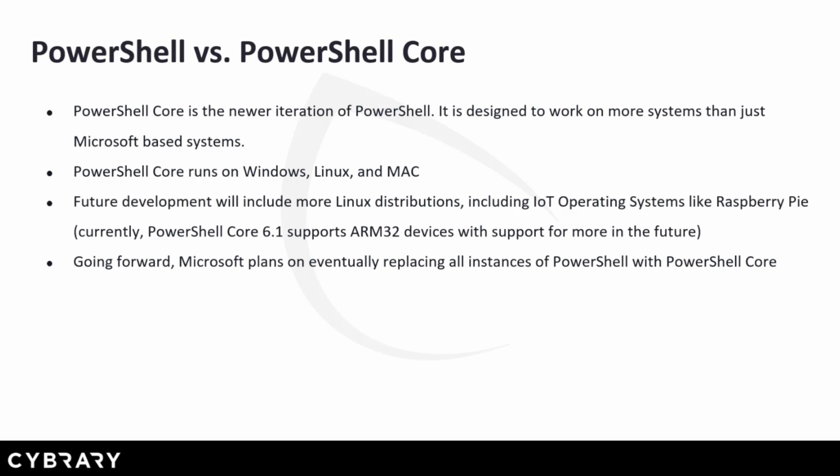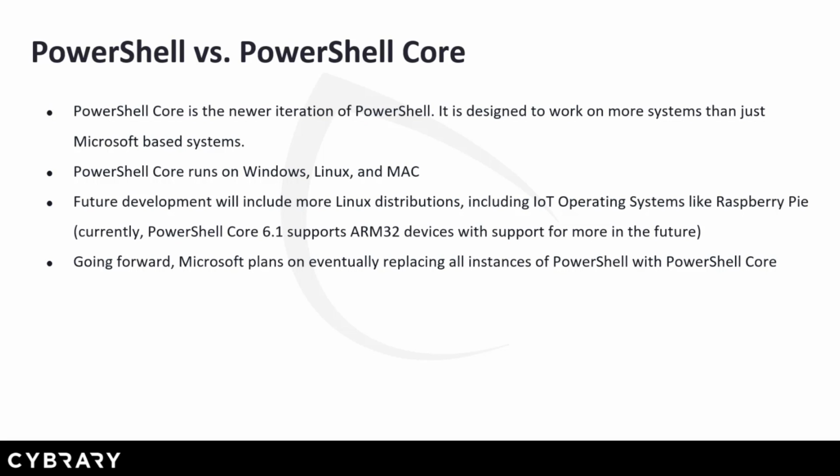Now, you might have heard me earlier talk about PowerShell and PowerShell Core versions. PowerShell Core is actually the newer iteration of PowerShell. It's supposed to work on more systems than just Microsoft-based systems. You can run it on Windows, Linux, and Mac systems. Future development is focusing on more Linux distributions, such as IoT operating systems like Raspberry Pi.